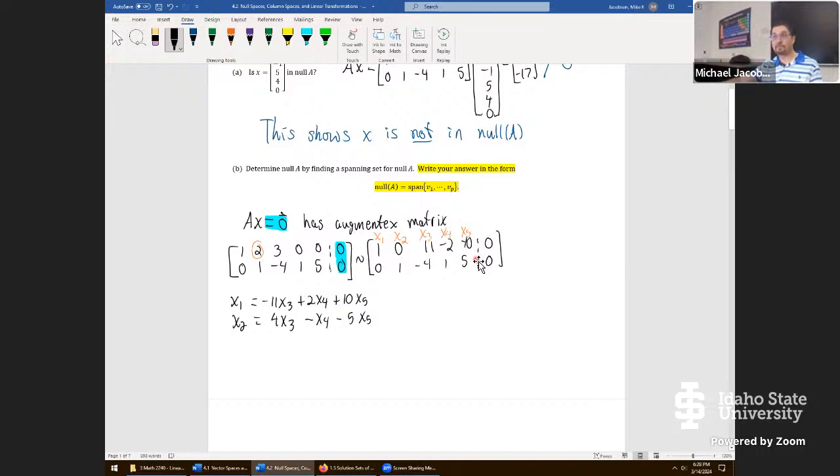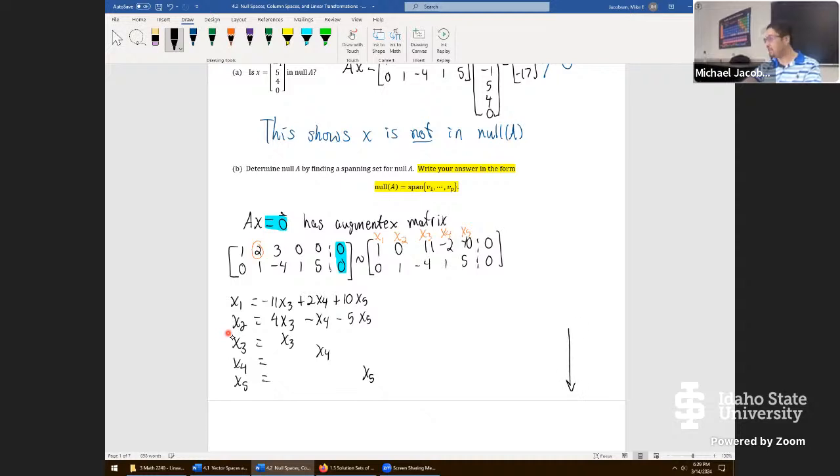Again, visualize this as an equal sign, literally, and that you're looking at x2 minus 4x3 plus x4 plus 5x5, and solve it for x2. Next, x3 is a free variable, but we're going directly for parametric vector form, so it's convenient to write this way. x4 equals x4, and x5 equals x5.